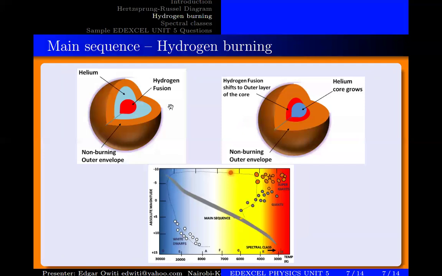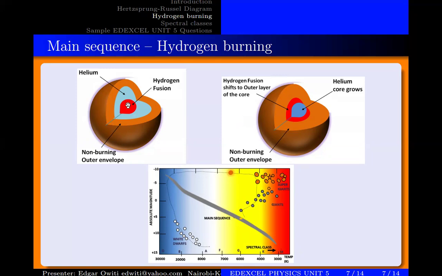And then the two diagrams on top here show what happens in the core when the protostar is in the main sequence. The red part at the core shows the presence of hydrogen burning. And like we said, the hydrogen burning takes place as long as the star remains in the main sequence.